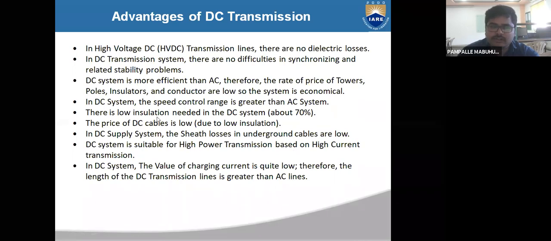Right, so there is low insulation need for the DC transmission systems, and the prices for DC cables will also be low. The insulation level required is low, so when low insulation is required, the DC cable cost will decrease, right? In the DC supply system, the sheath losses in underground cables are also minimum.